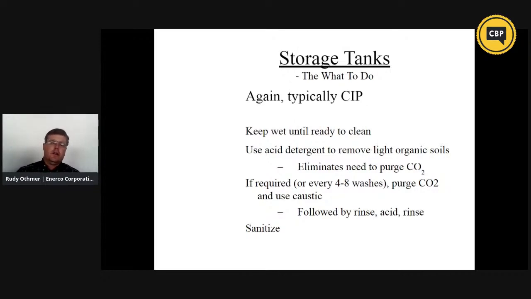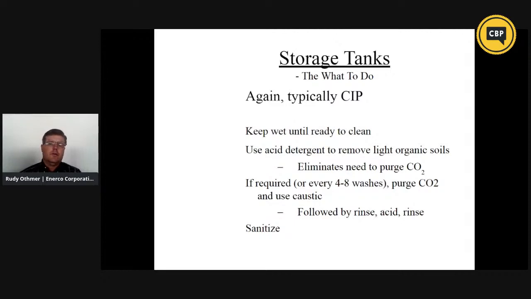The advantage, in addition to time saved on your overall cleaning cycle, is you don't have to purge your CO2. If you do run an alkaline or a caustic wash in your storage tank, the first part of your procedure must be to purge your CO2.